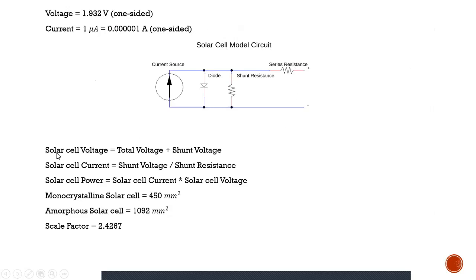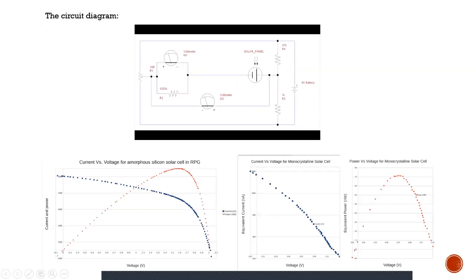If we use a monocrystalline photovoltaic cell, which has a size of 450 square millimeters, we can use the amorphous solar cell, which should have a size of 1,092 square millimeters. So the scale factor will be around 2.4. These are the circuit diagrams for the photovoltaic cell.